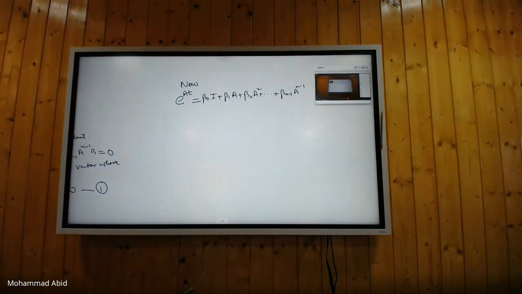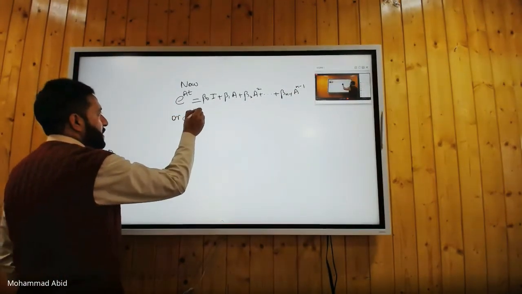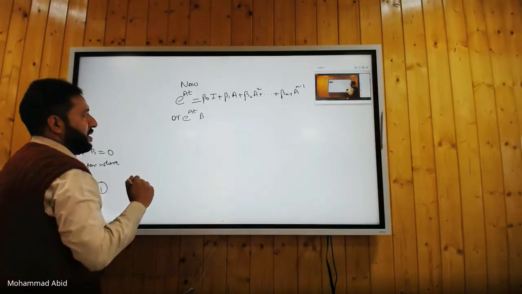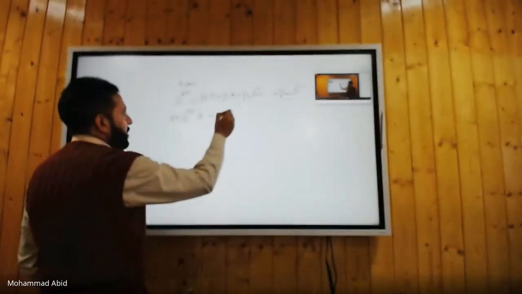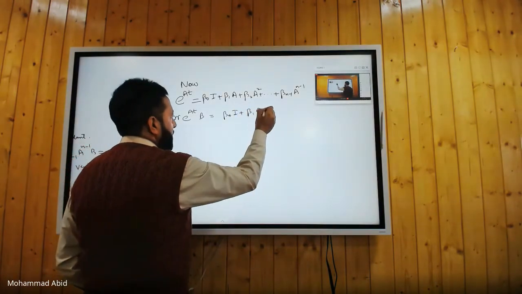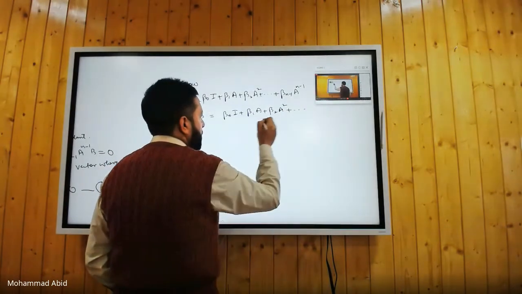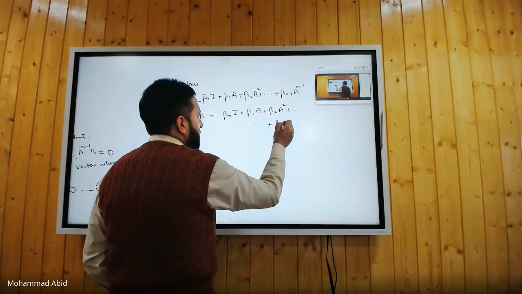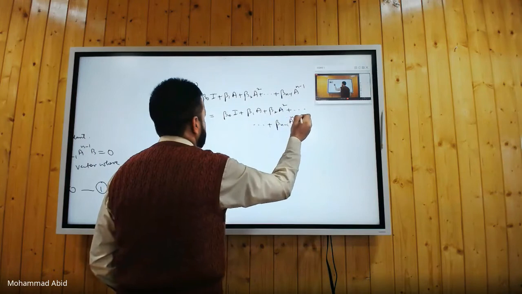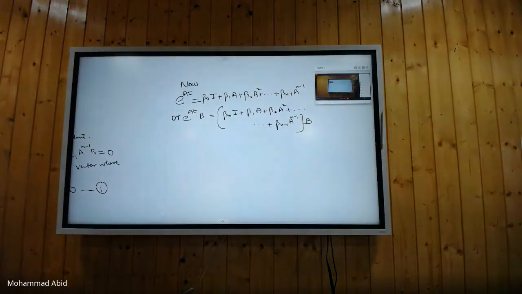Isn't it? And if I write e to the power At B, I can write it like this, beta naught I plus beta 1 A plus beta 2 A square plus so on, beta n minus 1 A to the power n minus 1, into B. Can we write it like this?